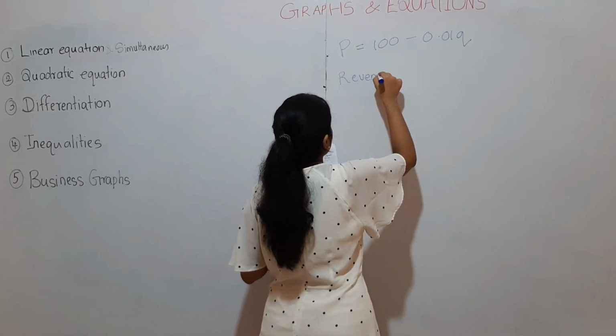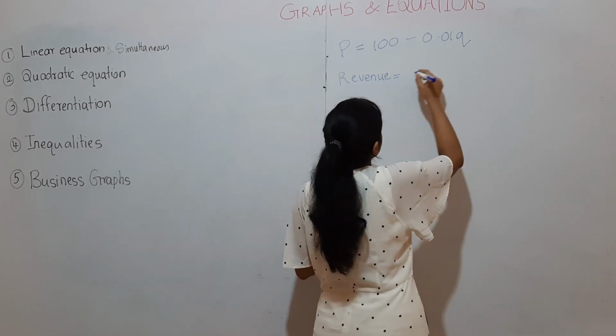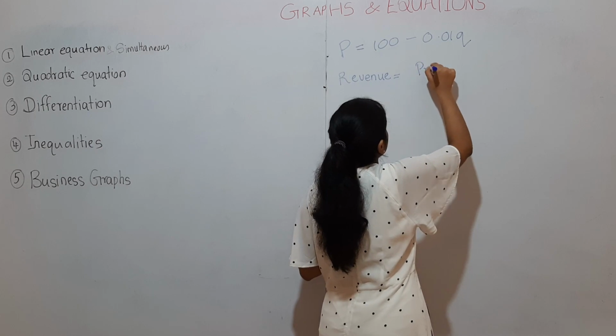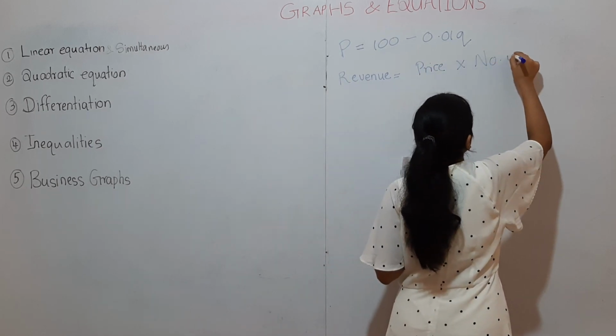Now, the revenue formula we know by practice: revenue equals sales price multiplied by number of units sold.